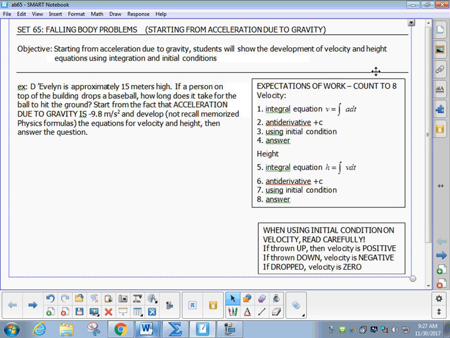This is the process. You'll always start from what you absolutely know, which is acceleration due to gravity. I wish I would have put this in a box over here, but put in a box that acceleration due to gravity at sea level on Earth is negative 9.8 meters per second squared, which I'm sure you all know, but you might not know negative 32 feet per second squared.